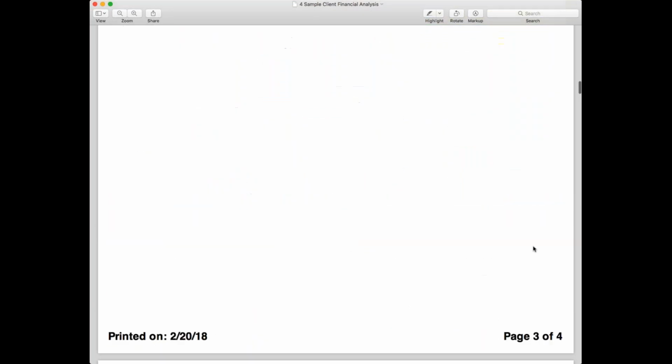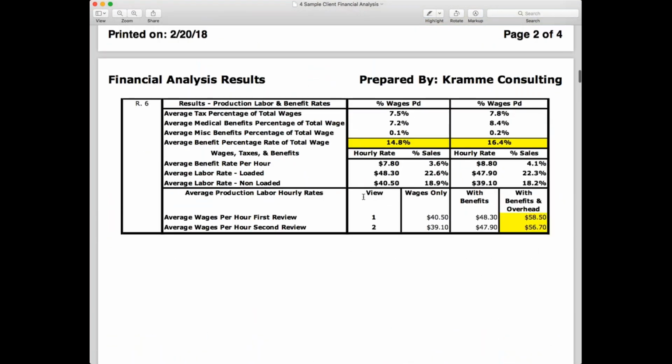Now down in this area here, this is more labor in nature. What it's showing is that their overall percentage of benefits, which would include taxes and medical benefits and other benefits, increased slightly, with most of that coming in the medical area, which is not surprising based on what everybody in business is seeing today.